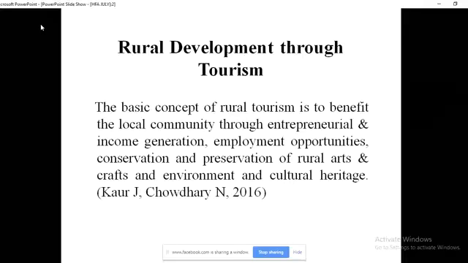So basically, it will not only provide livelihood but also can ensure nature conservation and safeguard the tangible, intangible heritage of the country. That's why tourism can solve the problems of rural people like poverty and unemployment.